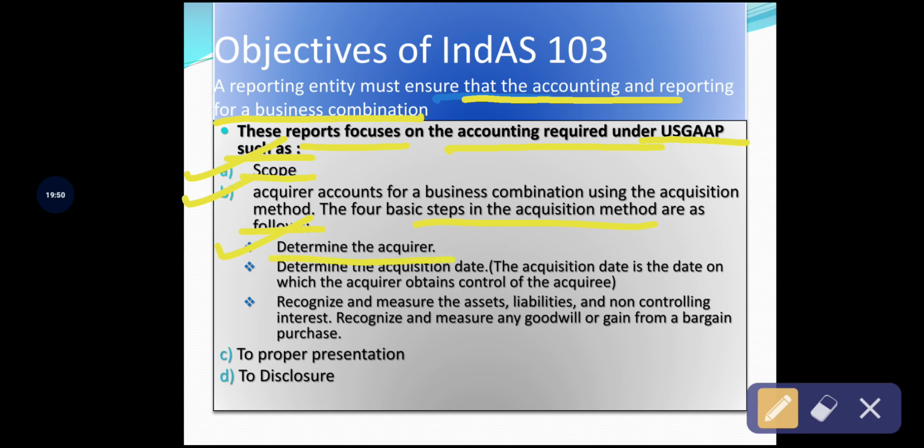I already explained in the example who is an acquirer and who is an acquiree, and we have also discussed the relationship between acquirer and acquiree. So first we determine who is an acquirer and who is an acquiree.